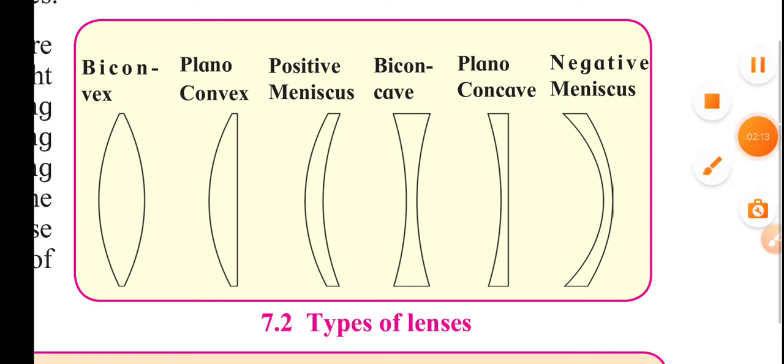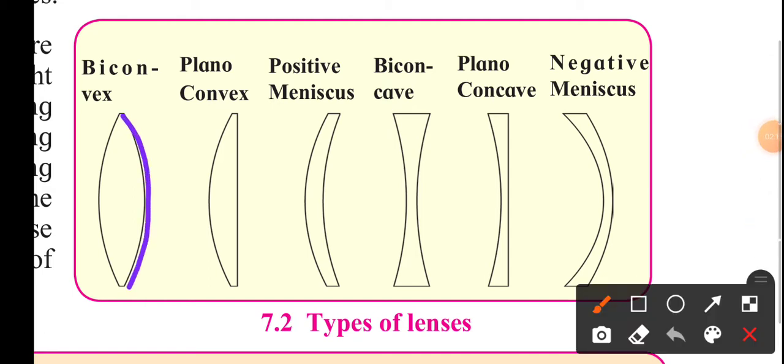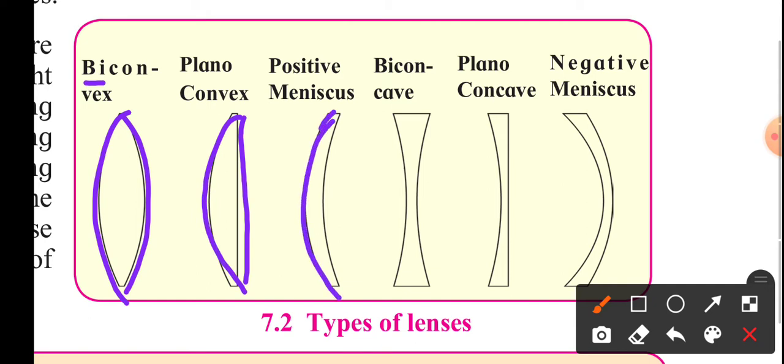Here, if you observe, both are convex, and that's why the name is given as biconvex. Bi is for two, and convex because it's bulging outside. Then next we have plano convex, then a positive meniscus. Then we have biconcave, because from both sides it is concave.